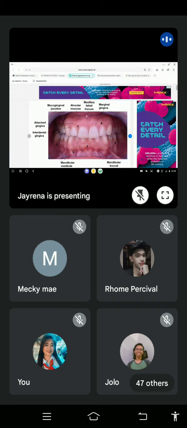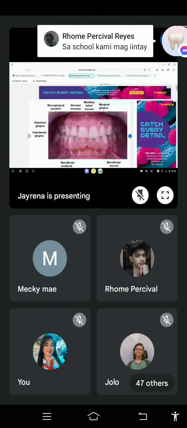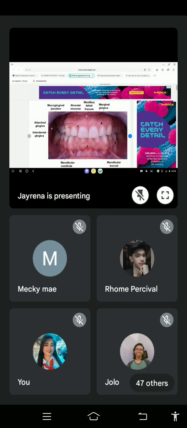Okay? O, ito, kanina yung mga vestibule, di ba? You have your labial vestibule, and then you have your buccal vestibule. Teeth facing the lips, labial. Teeth facing the cheeks, buccal. So buccal vestibule, labial vestibule. Do you understand?